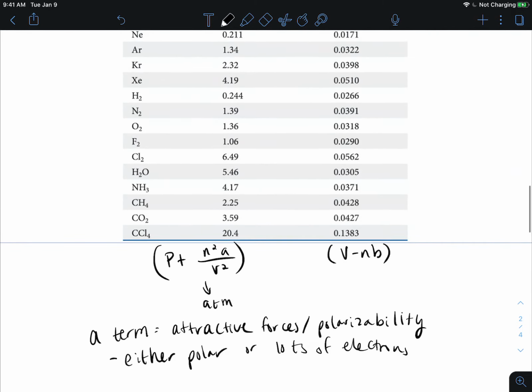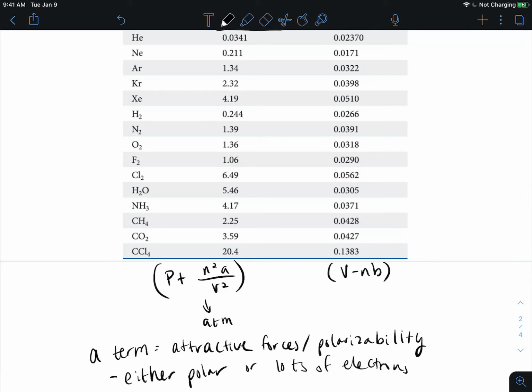So if we look here at our a terms, we see that things like water have large a terms, which makes sense because water is going to be a polar substance. NH3, another polar substance, also has a large a term.